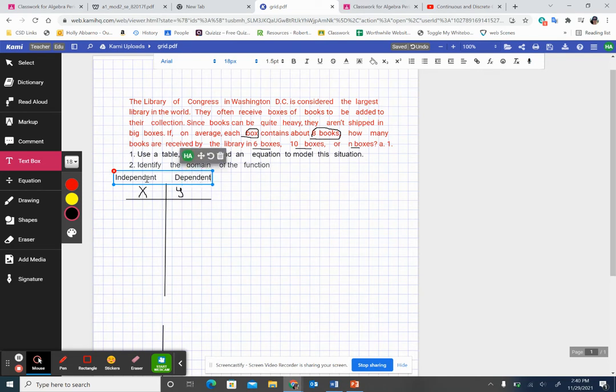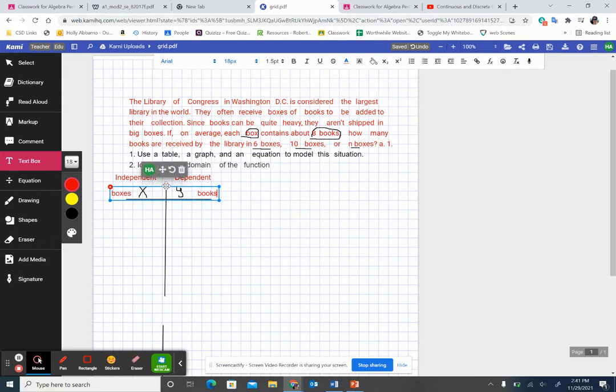We're going to be thinking about, does the number of books depend on how many boxes we have? Or does the number of boxes depend on our number of books? And how do we know? I think that our independent variable is going to be our boxes, and our dependent is going to be our books, because the number of books we can have depends on how many boxes we have.